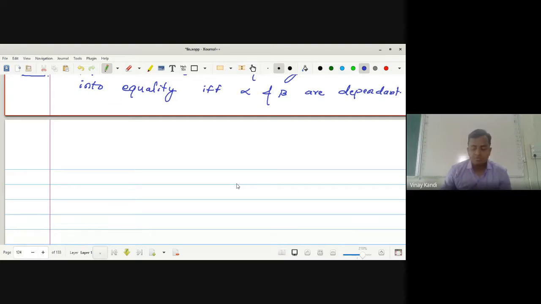In general form we use inner product. If the inner product of alpha beta is equal to 0, then alpha is orthogonal to beta or beta is orthogonal to alpha. What is the meaning of orthogonal? That is, alpha is perpendicular to beta.